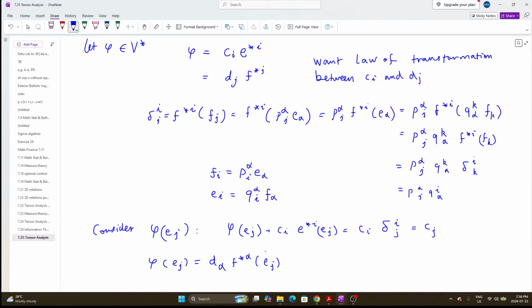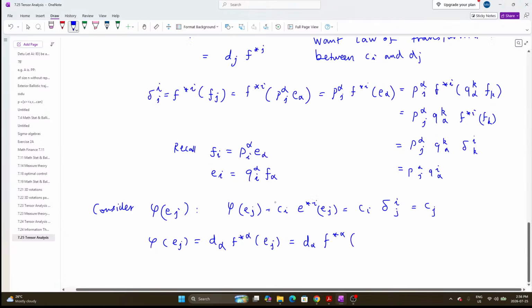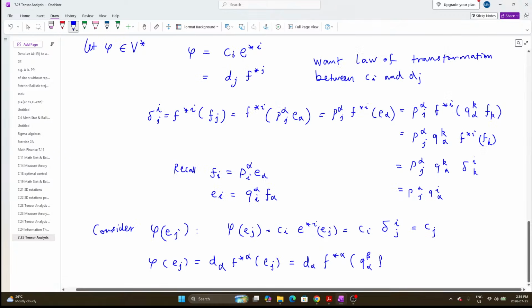And now use the original basic expansion. So d alpha f star alpha of, and then ej is now q beta alpha f beta.